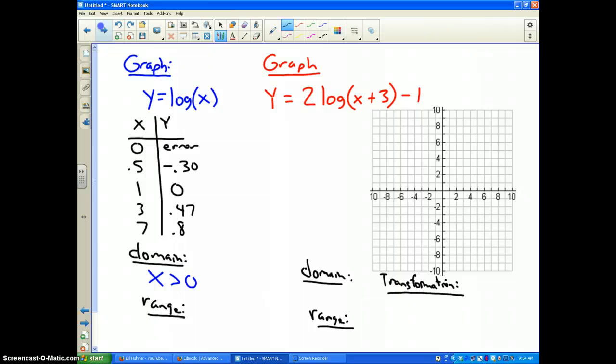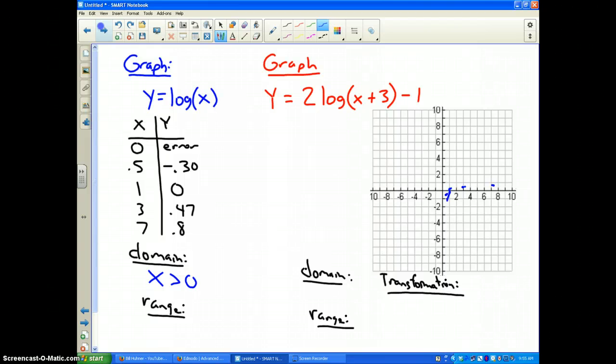All right, so I'm going to graph this in blue. At 0, it's an error. At 0.5, it's negative 0.3. Somewhere in this area here. And then 1, 0. And then 3, 0.47 and 7, 0.8.